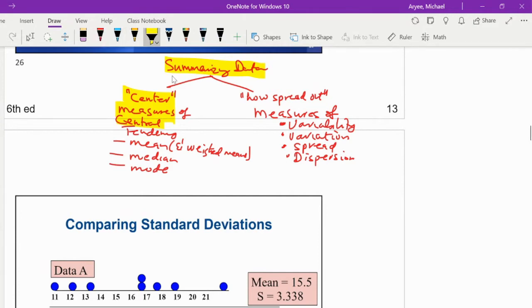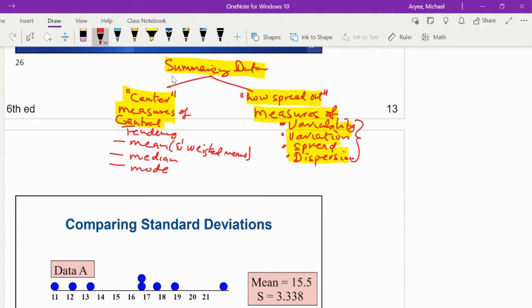Here you are looking at how spread out the data values are. So the words are interchangeable. I can say measures of variation, measures of spread, or measures of dispersion. I'm referring to the same kind of measures.